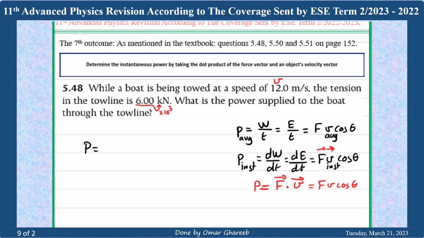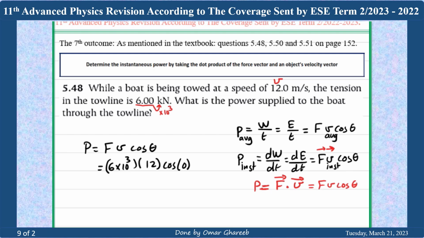It's very easy. P equals F v cosine theta. F is 6 times 10 to the 3 because it is kilonewton. V is 12. Cosine theta is 0 because the tow line is in the direction of the motion. Now make the calculation here.